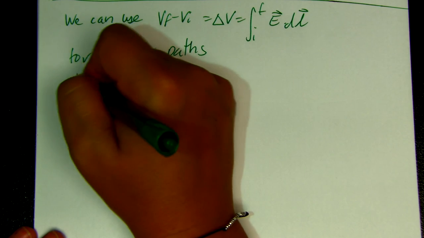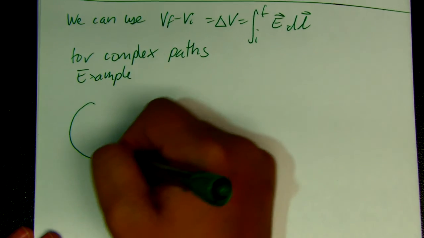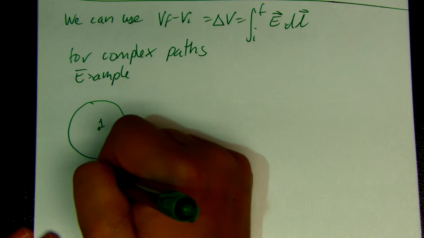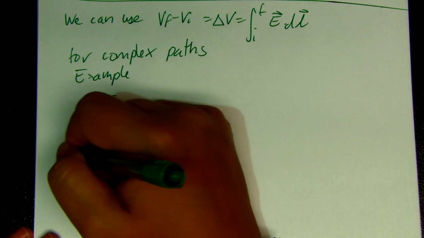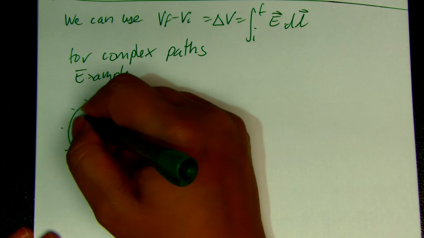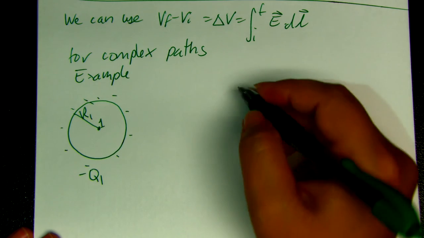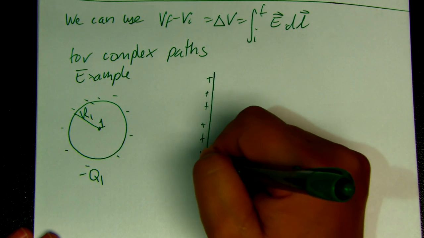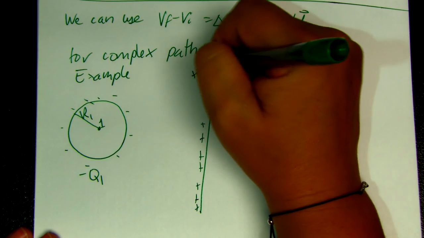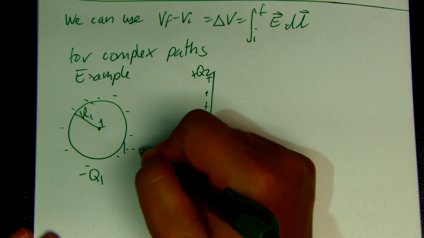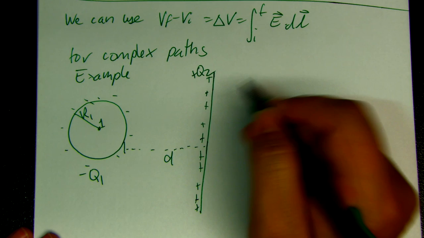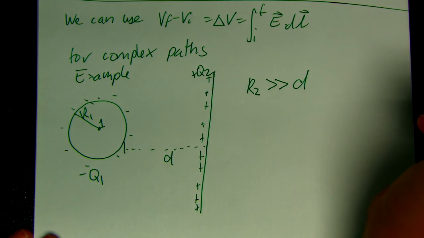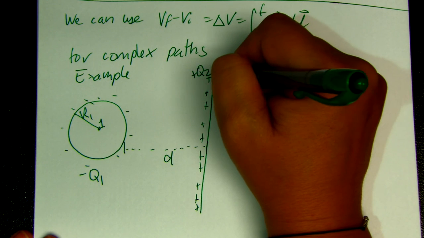So, for example, we have a charged sphere which has a negative charge, radius R1, and we have a disk with plus charge Q2, and R2 is much, much less than D. And this would have radius R2.